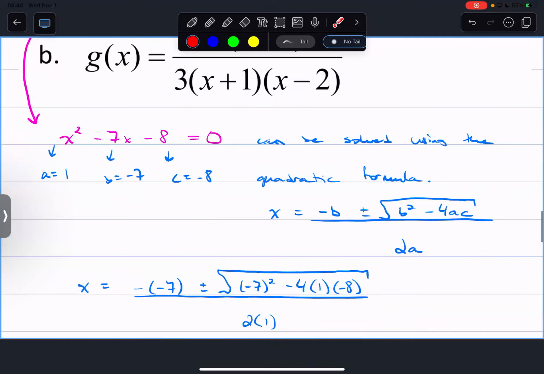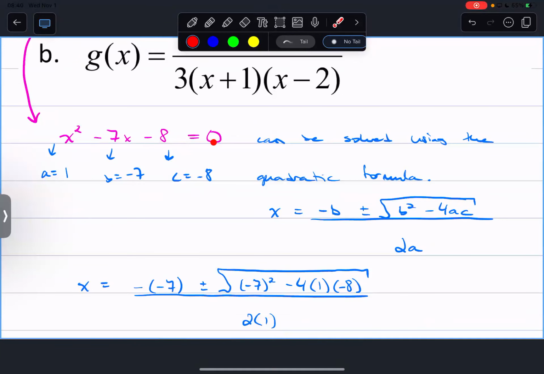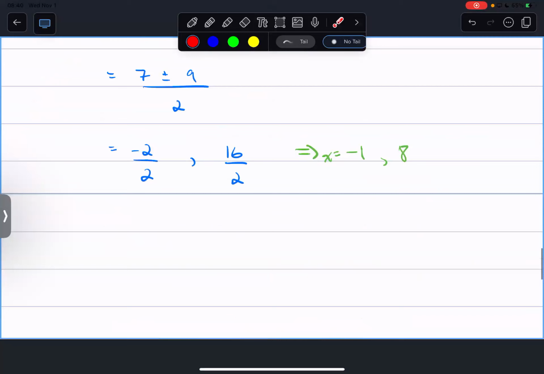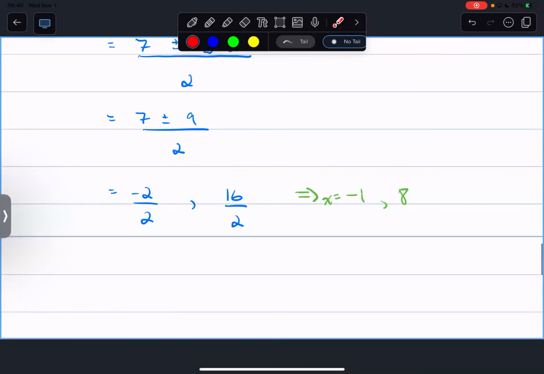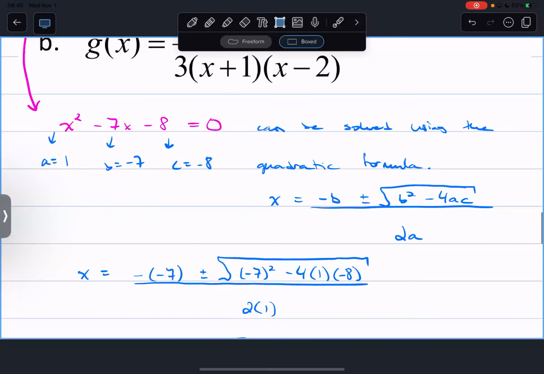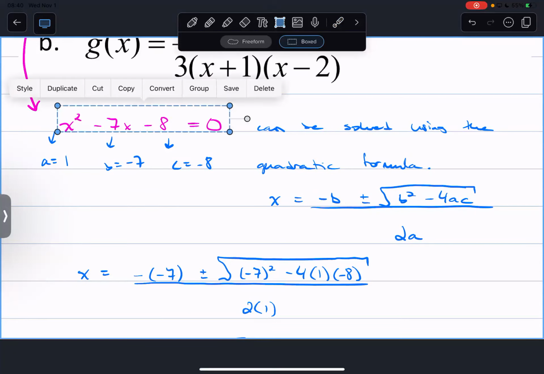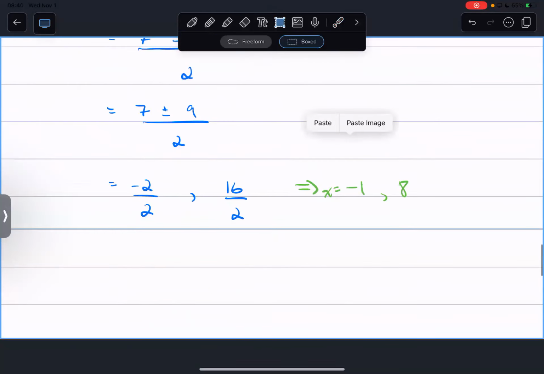We already found that the values of x that set this equal to 0 are -1 and 8, so we already found the values of x that we cannot have, that are not in the domain. But just as an exercise, I want it on the same page, but it's going to be weird to go back up here.